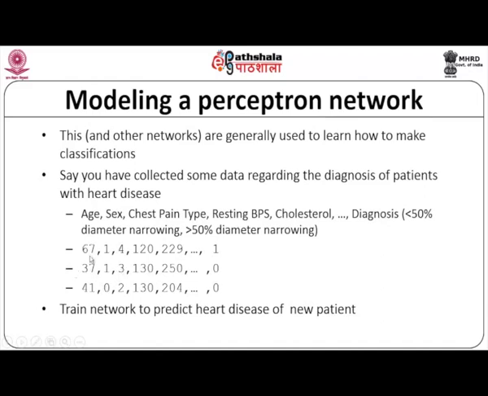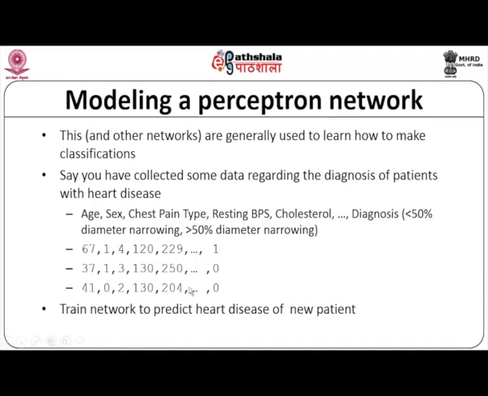For example, 67 may indicate the age, 1 indicates male, chest pain type, say for example 4, then resting BPS is say 120, the cholesterol level is 229 and so on, and finally the patient has been diagnosed to have a heart disease.